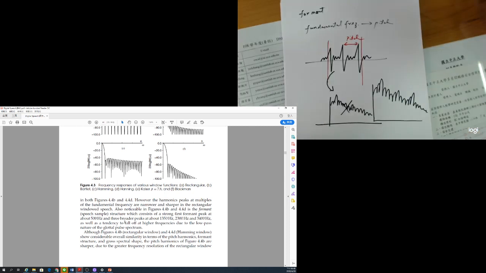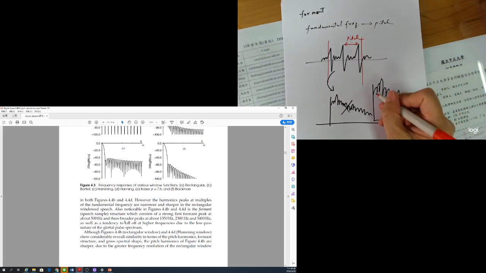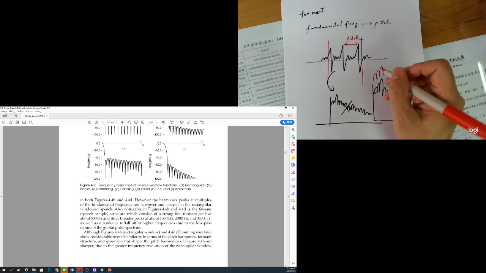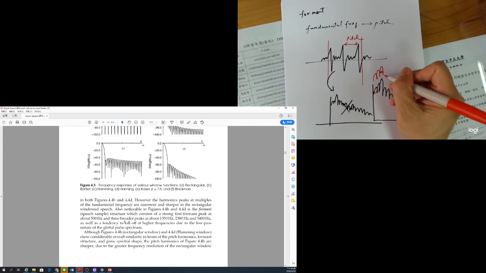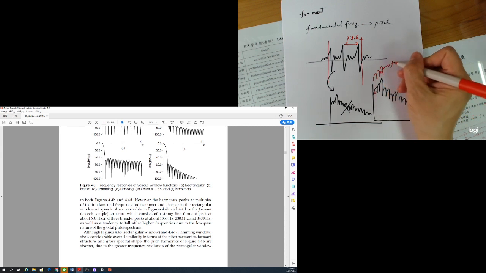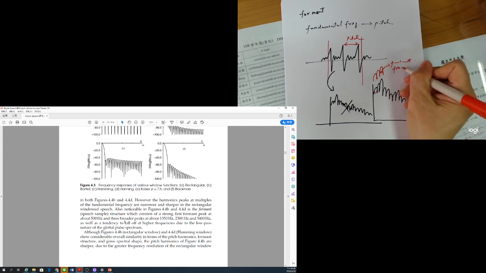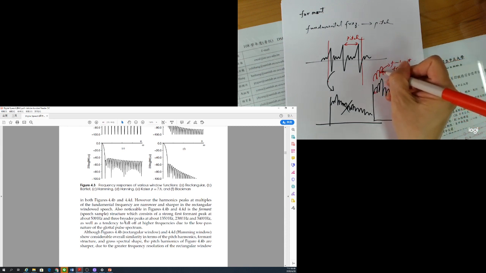In the frequency domain, this is the pitch. This one is your fundamental frequency. You have peaks like this one, and this one, and this one, and the spacing between them is delta f.